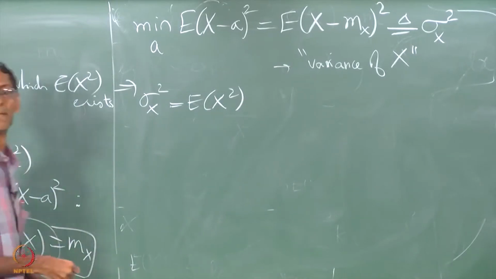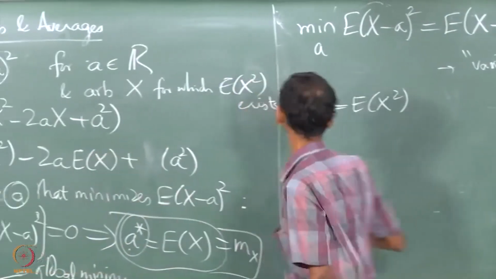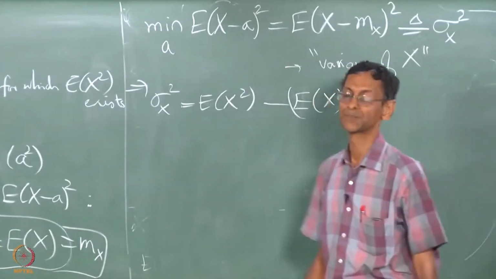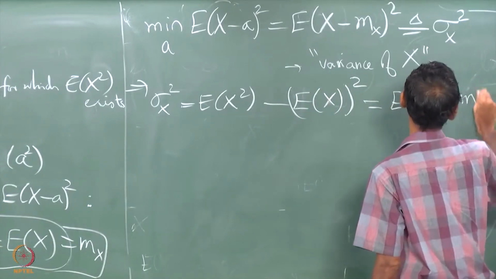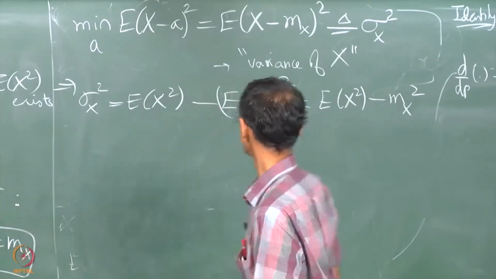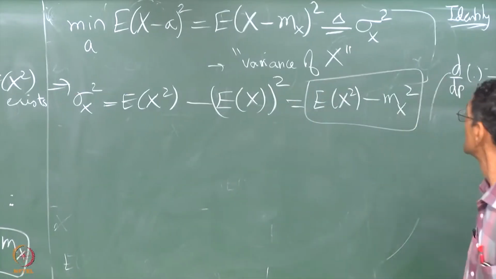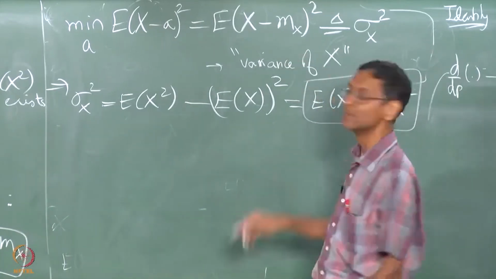What do I get if I substitute E of X here? So, this is a neat formula for the variance in terms of just the mean squared value and the mean. You do not have to do a long calculation like this, you can just simply remember this.